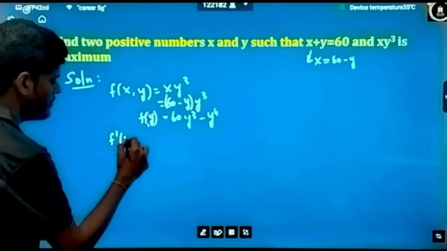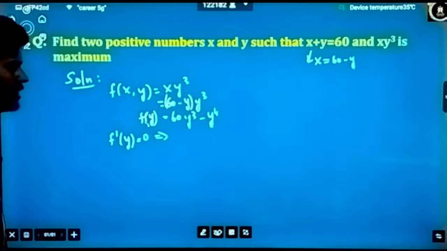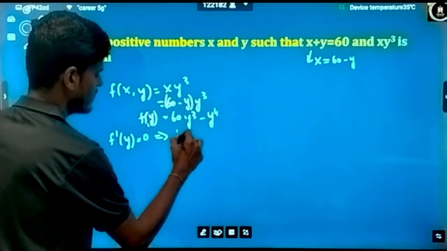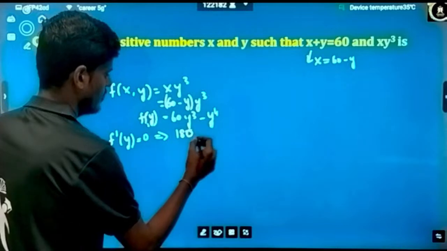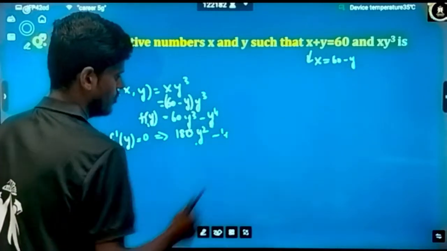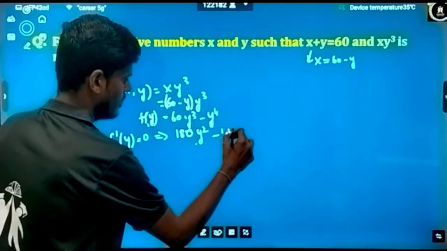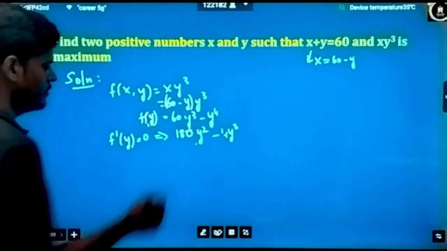For maximum or minimum, f dash should be 0, which means f dash of y is 60 into 3, 180y square minus 4y cube.